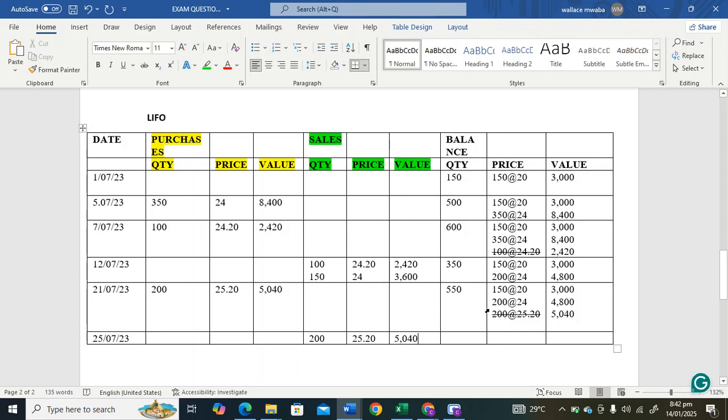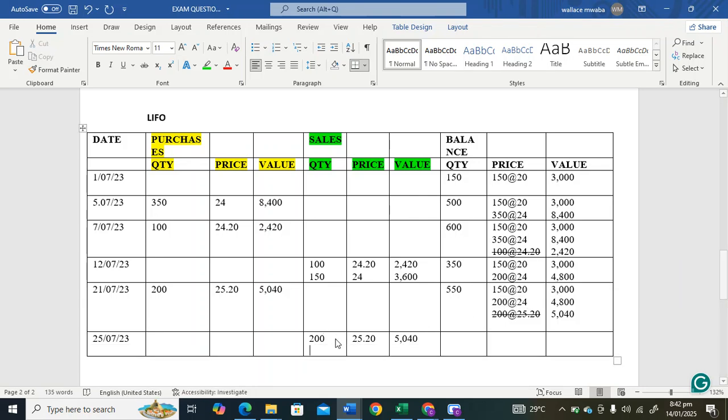Right. Then the remaining 150 goods will come out from this batch here. So you say 150 valued at 24 kwacha. 150 times 24 kwacha, 3,600.